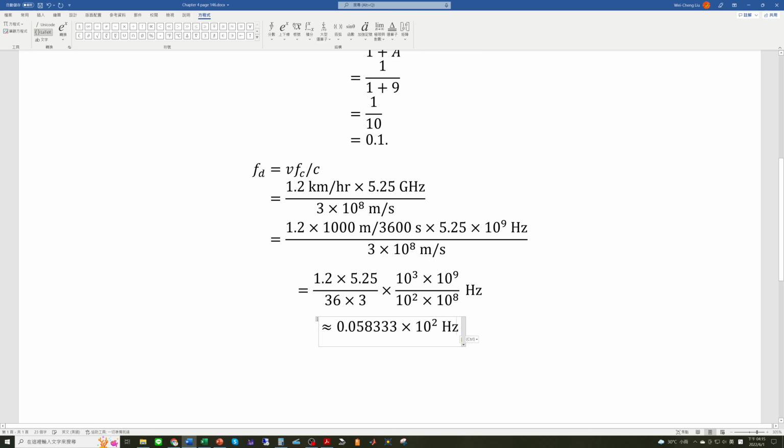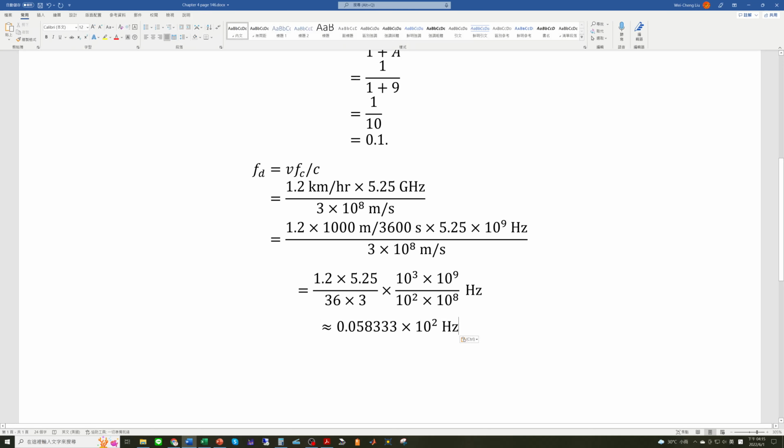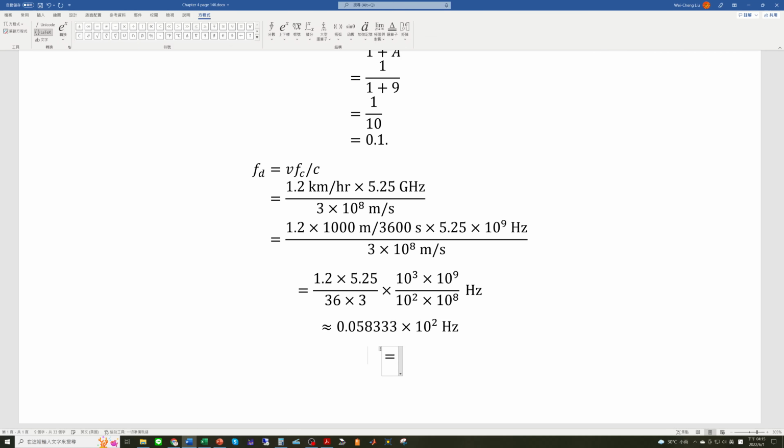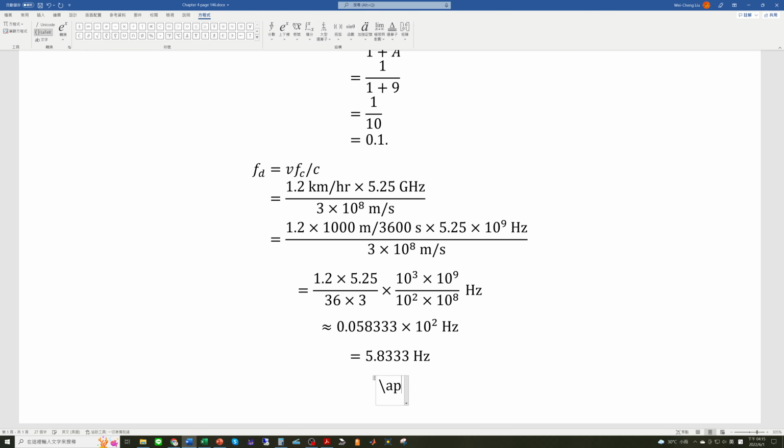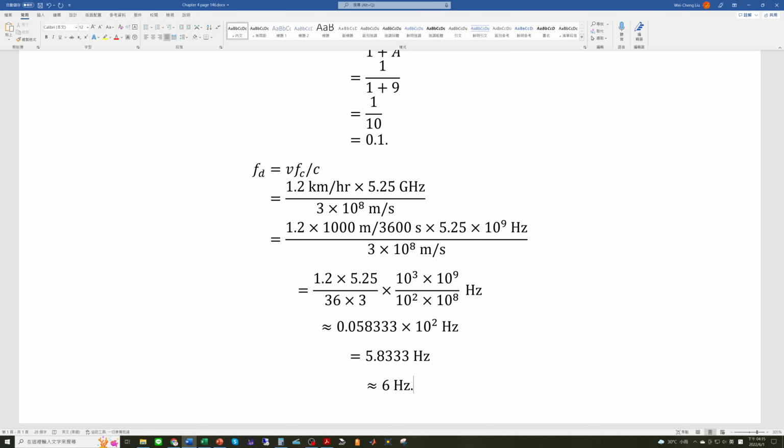Please do not forget the unit. So it is equal to 5.8333 hertz, which is approximately 6 hertz.